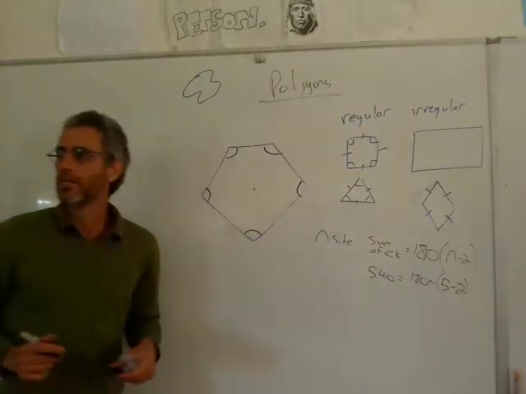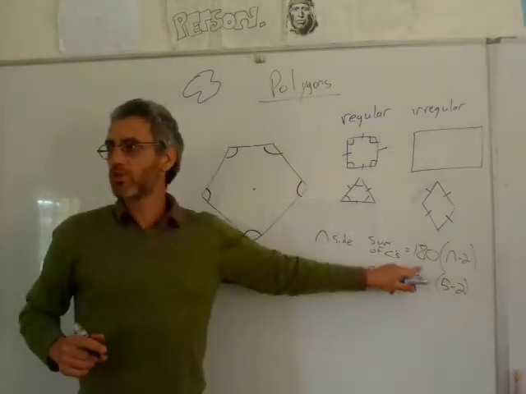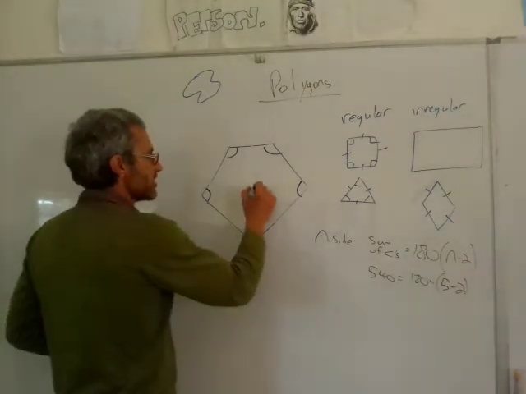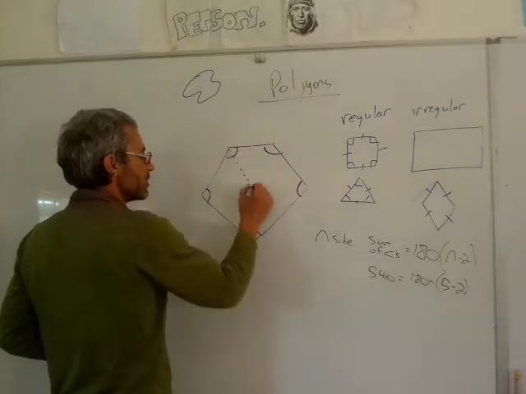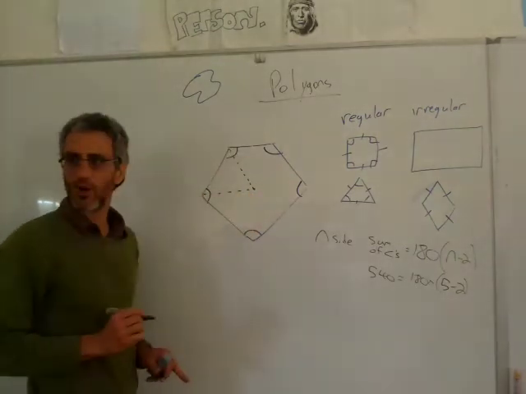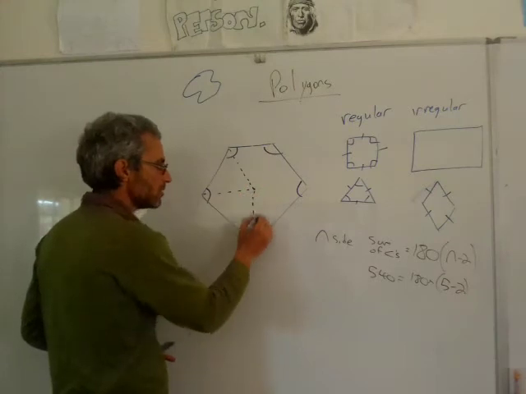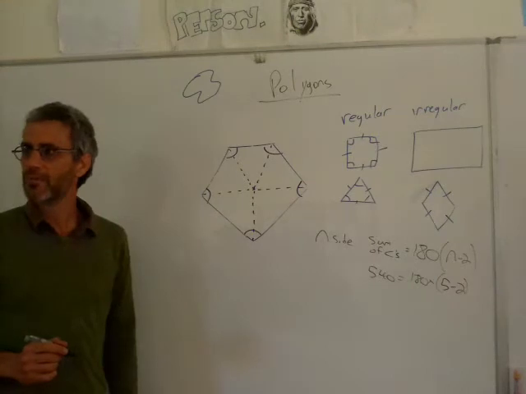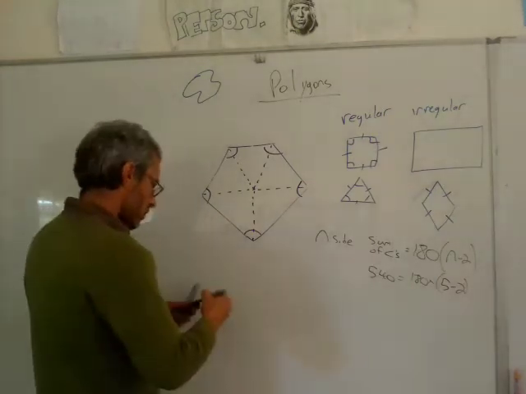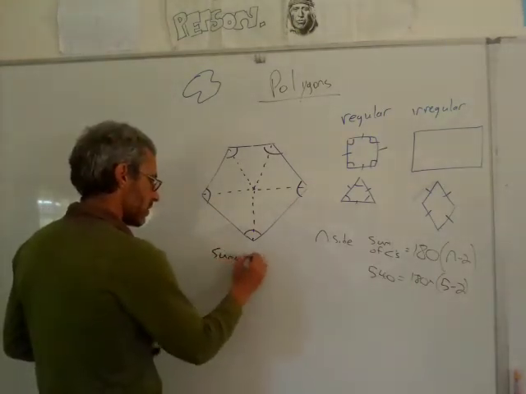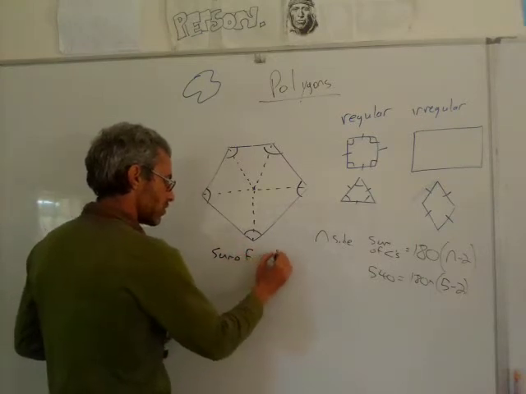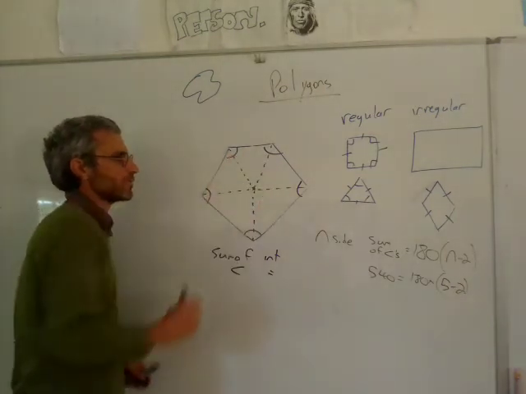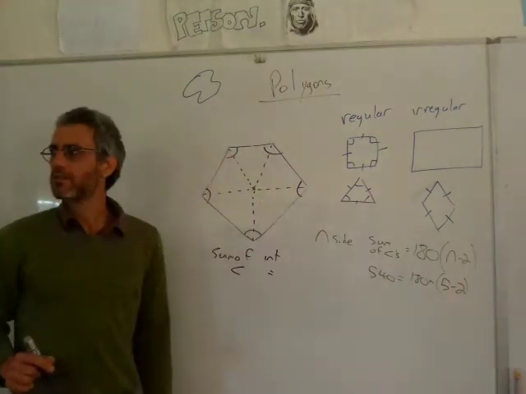Not the outside. Now, I'm going to very quickly prove that to you. There are 2 ways of proving it, and I think this is the easiest. I'm going to take the center of our regular polygon and divide it into triangles. If I want to calculate the sum of internal angles, how many triangles will I have here? 5.